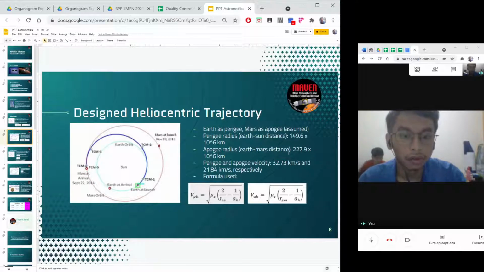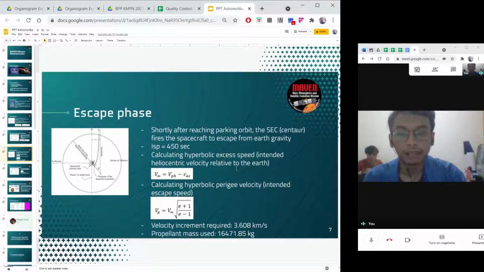We can calculate the perigee and apogee velocity, which is the velocity at Earth and Mars, as 33 km per second and 22 km per second, respectively. After we obtain the designed heliocentric trajectory velocity, then we could calculate the escape velocity that we have to achieve using the propulsion system.